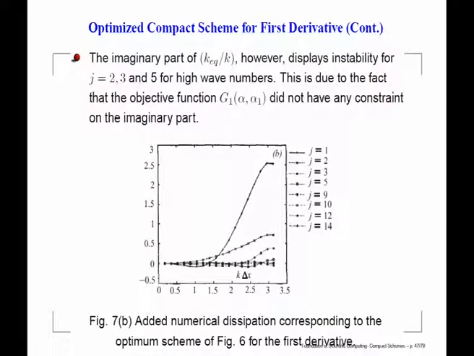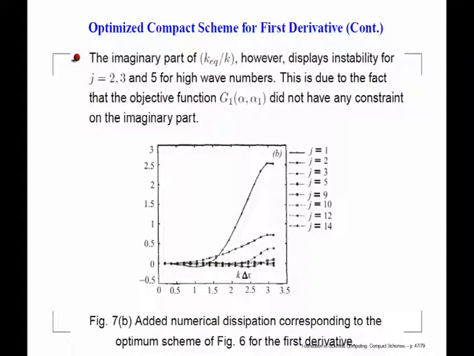For j equal to 2, perhaps all wave numbers are unstable. For j equal to 3, you will see that high wave numbers are unstable, and for j equal to 5, you see a very interesting thing. There is an intermediate range over which it is unstable, then that is followed by another intermediate range where it is stable. Again, at very high wave number close to the Nyquist limit, it is going to be unstable.